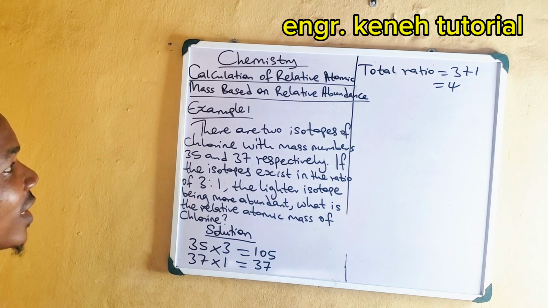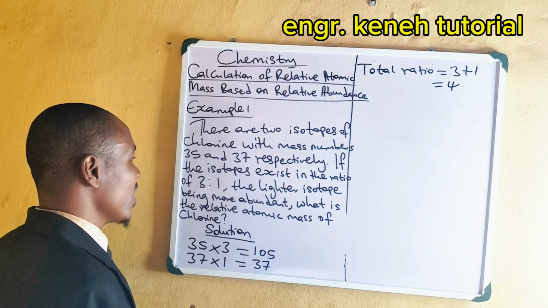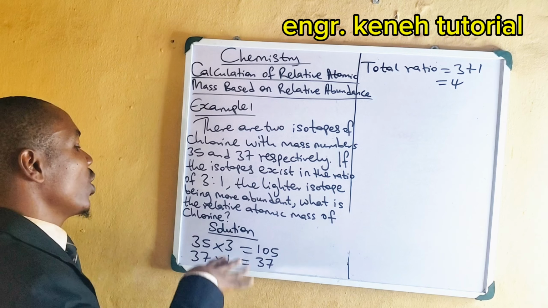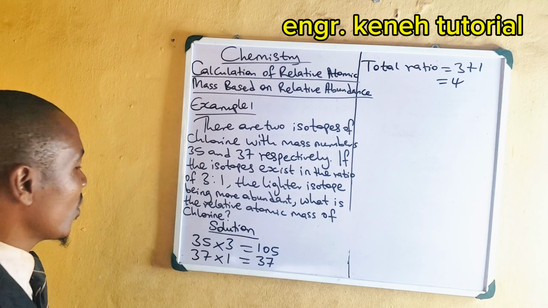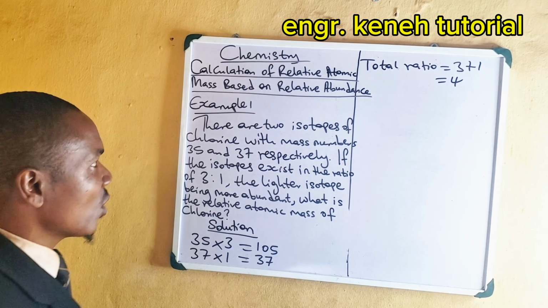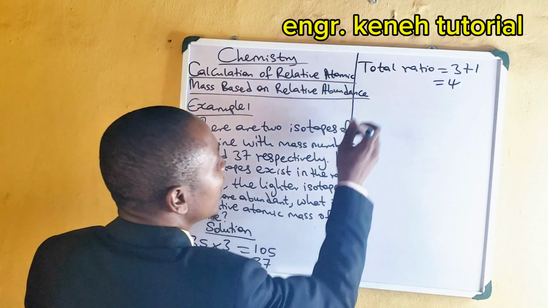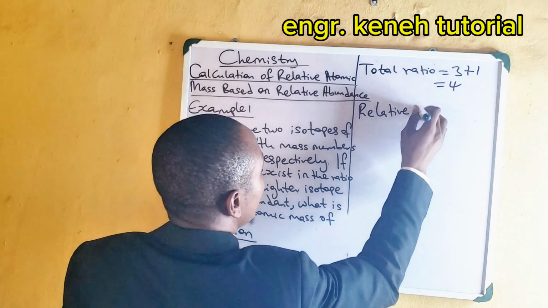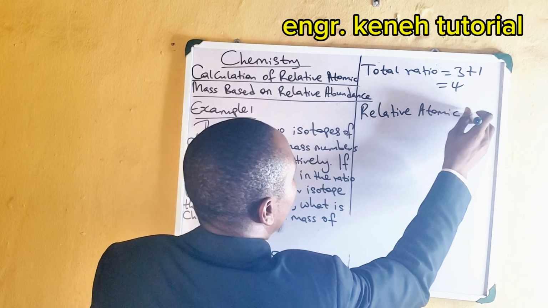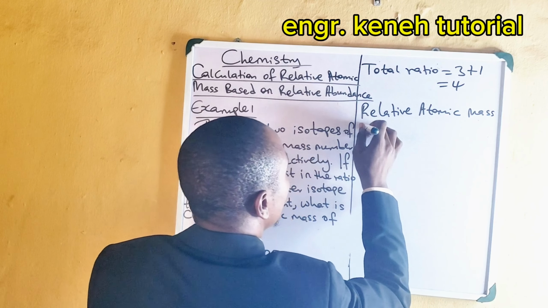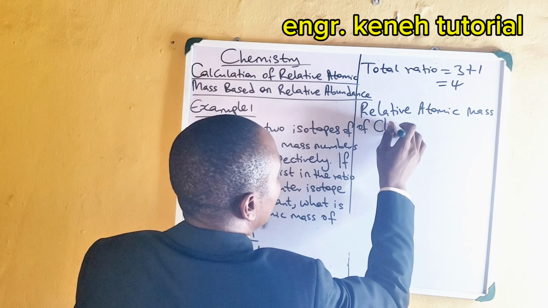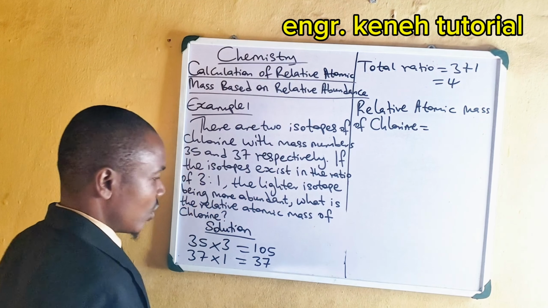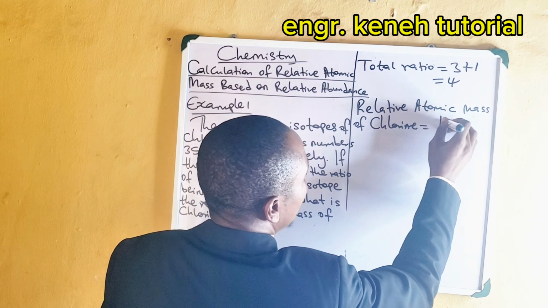All right, for me to find the relative atomic mass of this element that we are talking about, which is chlorine, I will use the total ratio to divide the total of what we have here. So the relative atomic mass of chlorine is equal to, I'll add these things together, the sum will give me this.